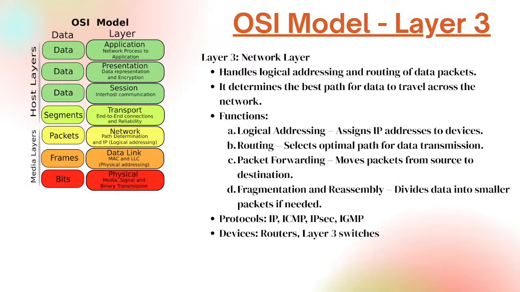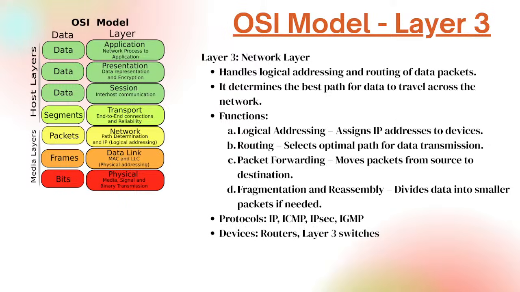This is what logical addressing says. Routing means choosing the best path for data to travel through the network using the router, or we can say the optimal path for data transmission. Packet forwarding means moving data packets from one network to another, or from source to destination.